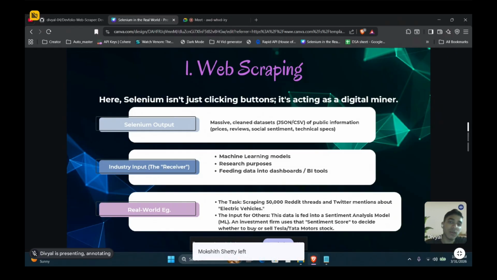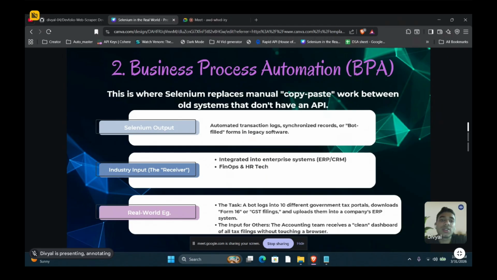Let's move to the second one. This involves business process automation. Right now we have proper web development, and proper APIs which return perfect data, so it is easier to access and easier to flow the data in and out. But there are some older legacy systems which don't have an API at all. In that case, you need business process automation, a proper pipeline which does the things and then adds the data into another section, where you can analyze it further and it is easier to operate over the data.